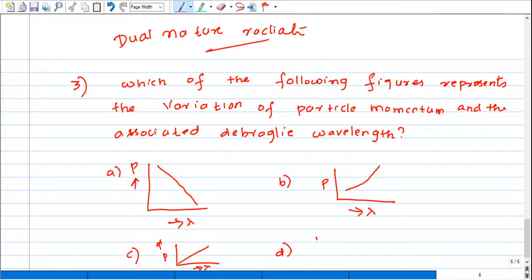Option D. A diagram is like this. This is P and this is lambda.